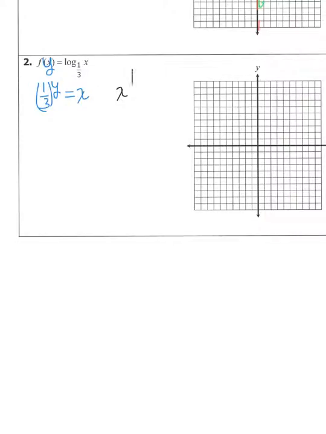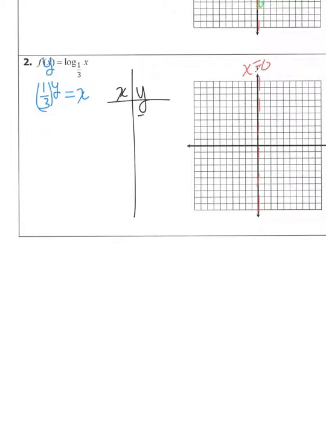Then you're going to choose values on your xy table. Since we don't have any up or down movement, there's nothing outside here. There's nothing being added or subtracted to the x value, so there's no right or left movement. Our asymptote stays the same, so our asymptote is going to stay here at x equals 0.